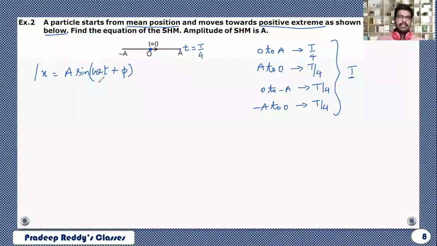Because the particle is starting from rest position, the initial phase will be equal to 0. Initial phase, it is starting at mean position, so initial phase will be equal to 0.